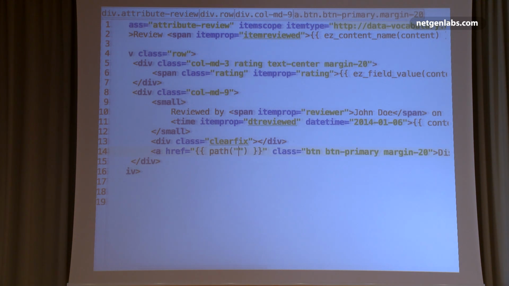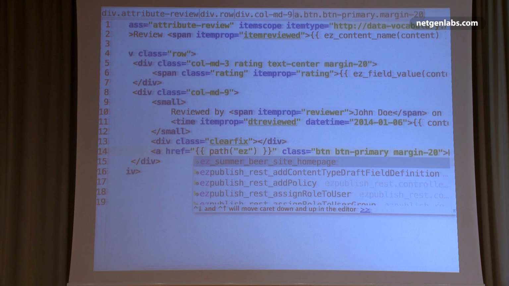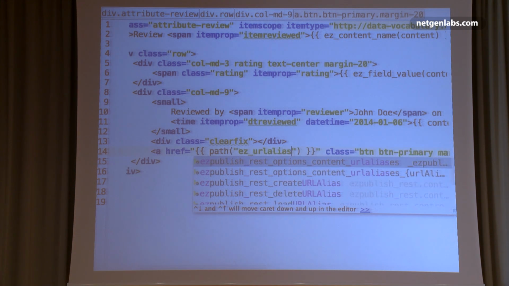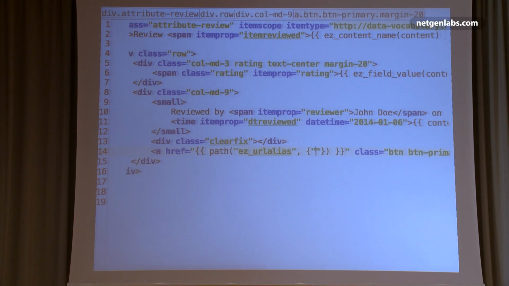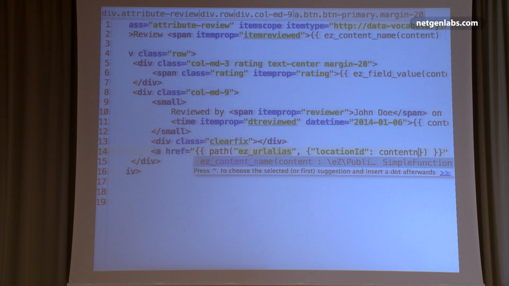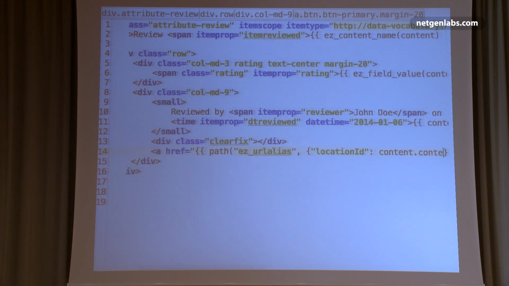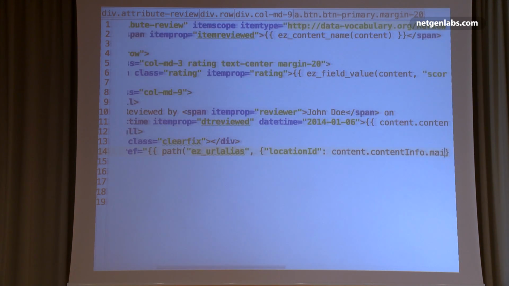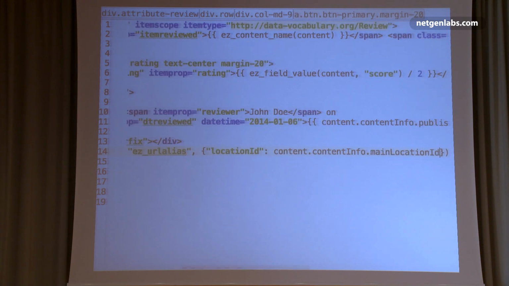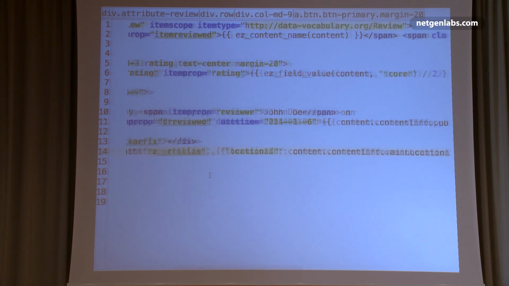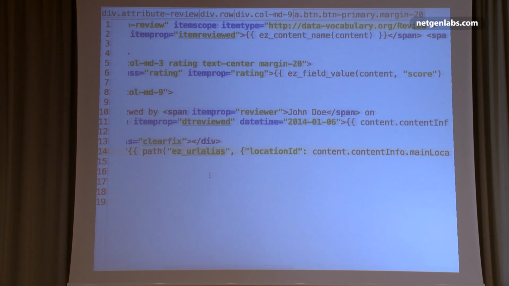And we don't have the location object, so ez_urlalias and location ID is the content info main location. So this is classic Symfony stuff where you give the name of the route and you give the arguments expected by the route to get it built.